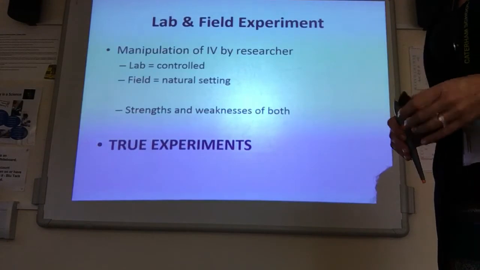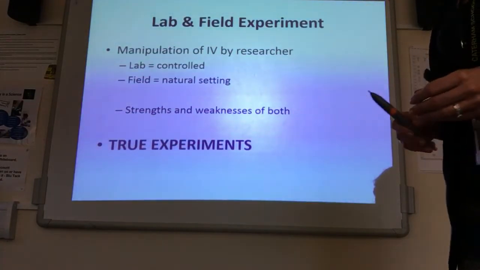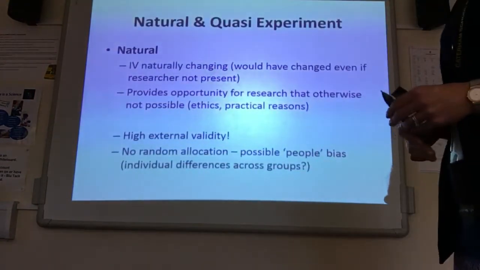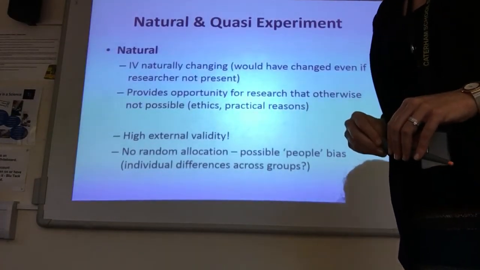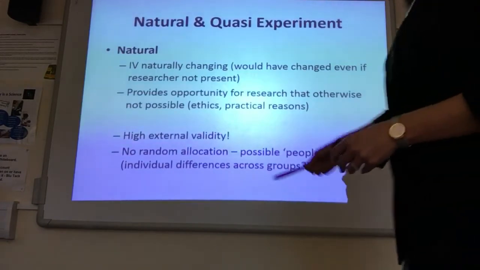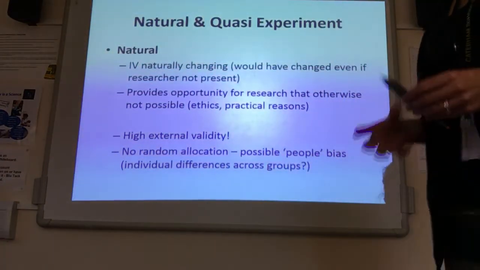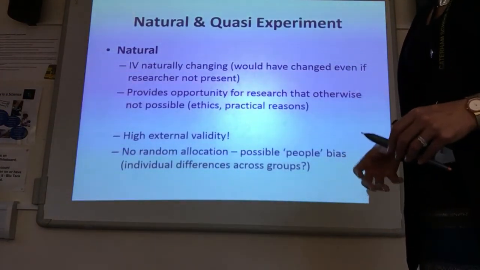So, the other 2 is a natural experiment and a quasi experiment. Let's start with what a natural experiment is. So, a natural experiment is where there is not a manipulation of the IV from an experimenter. In fact, the independent variable is naturally changing. So that variable would have changed even if the researcher wasn't there.